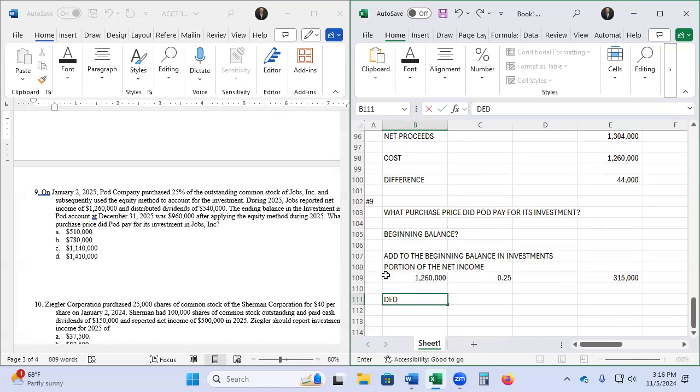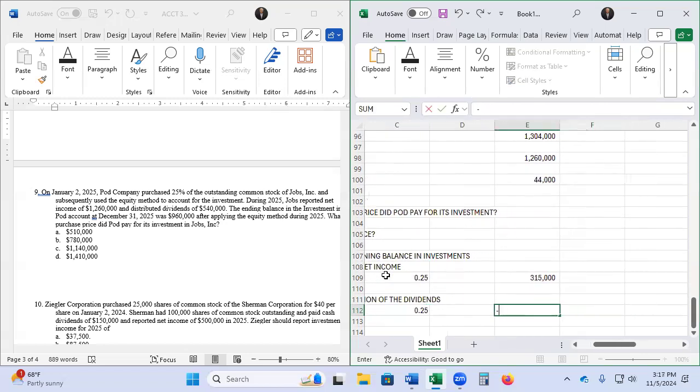And we're going to have to deduct our portion of the dividends. Remember, because dividends reduce your equity balance. And so the dividends were 540,000. Our percentage was 0.25.